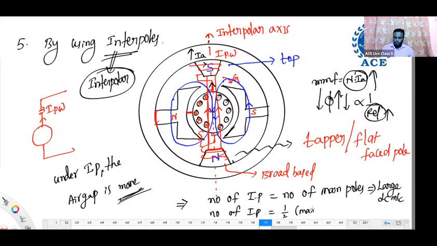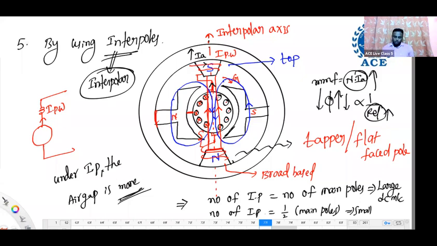But don't say that when there are two main poles, one interpole is enough. That doesn't exist. If there are two poles, a minimum of two interpoles is required.